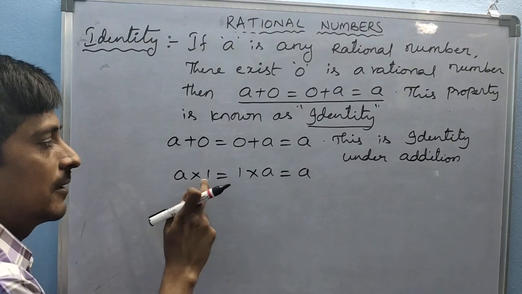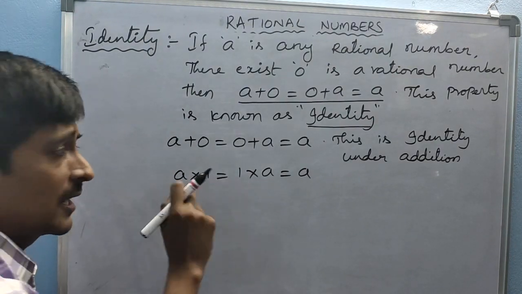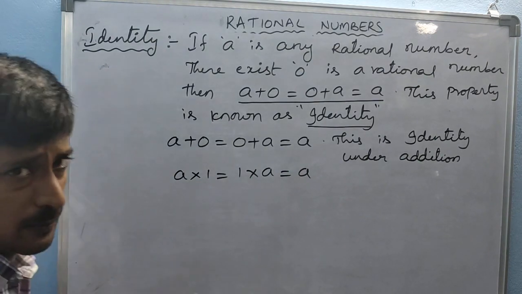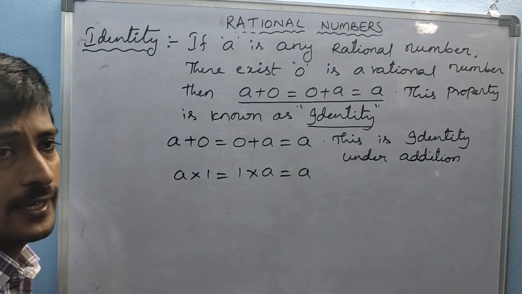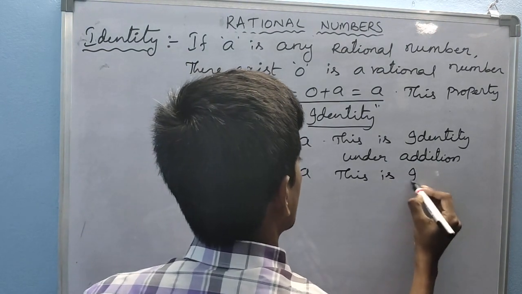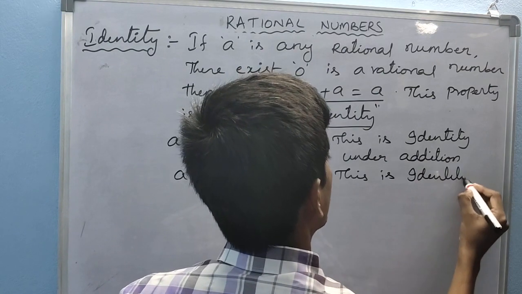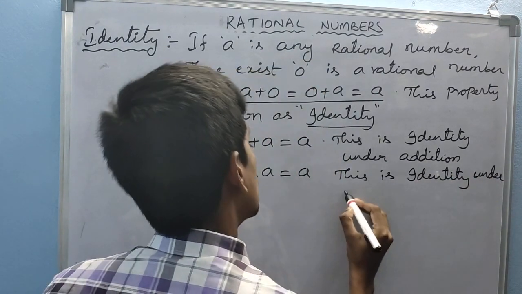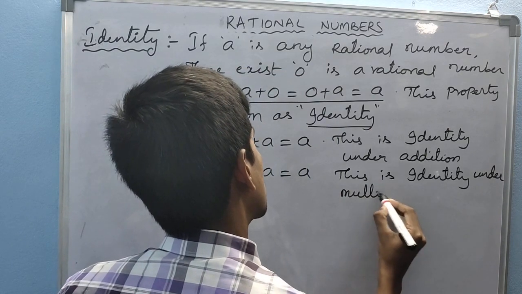Which number, when multiplied to a given number, gives the same number? That property is known as identity. This is identity under multiplication.